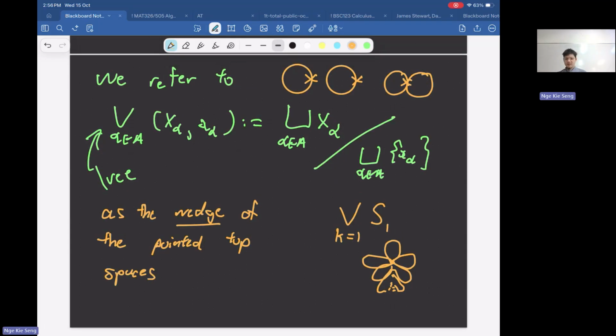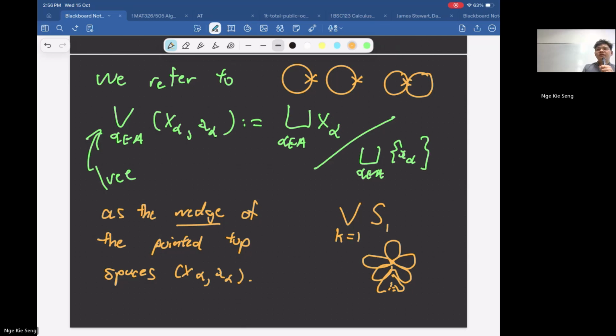Because we're going to compute some example based on this. Any question? I think I can make this a proposition actually, I'll make it a proposition later.